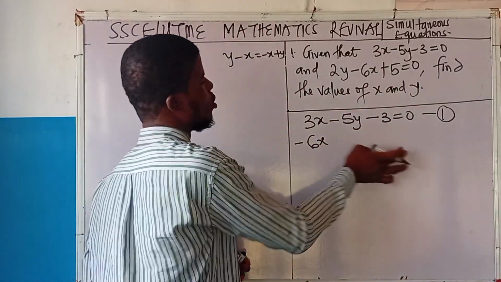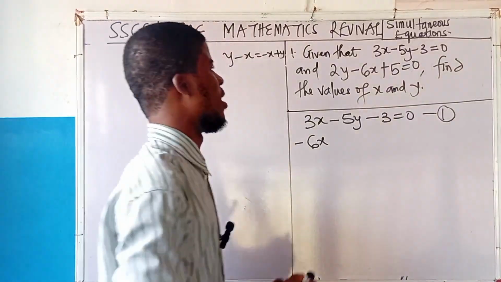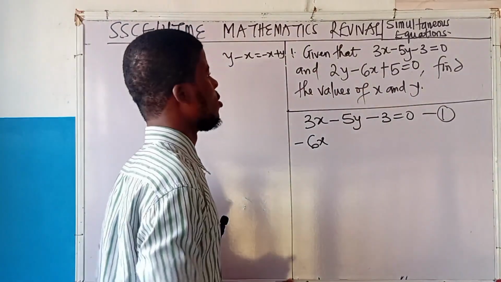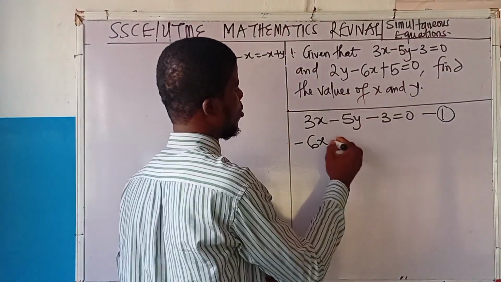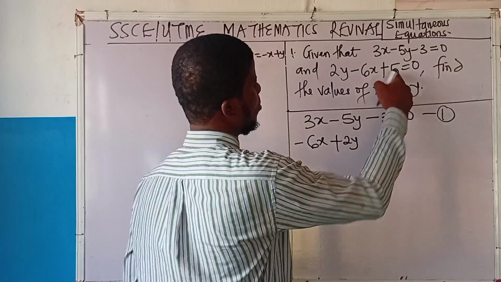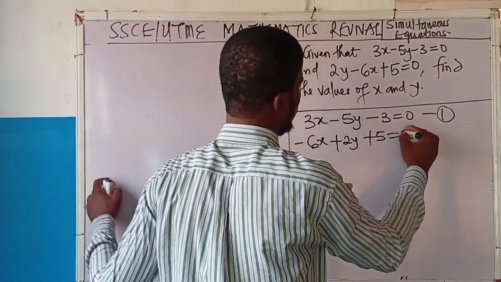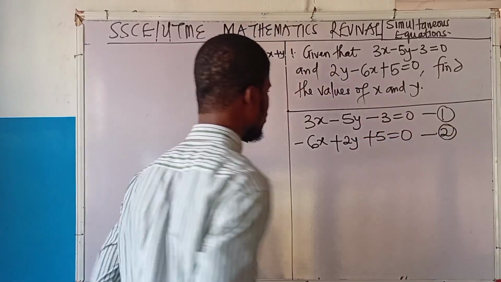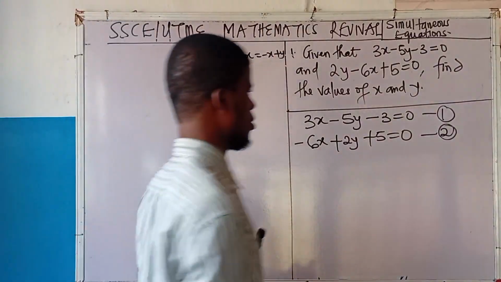So I want this second equation to look 100% like the first one. So I have minus 6x plus 2y, then plus 5 equals 0. This is equation 2. Okay, let's proceed.